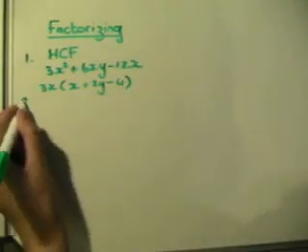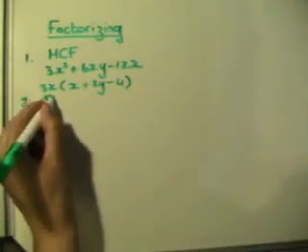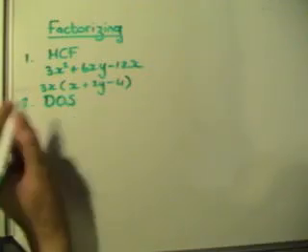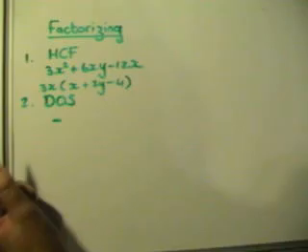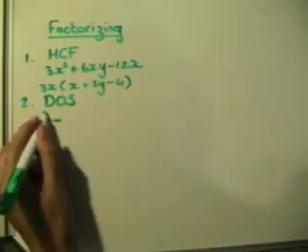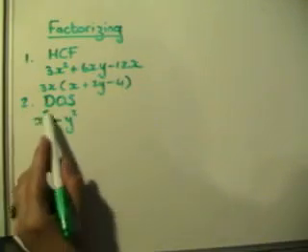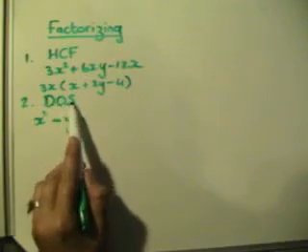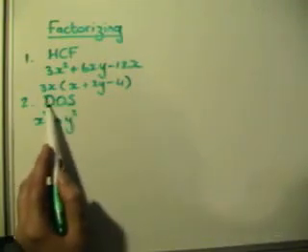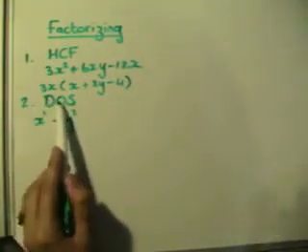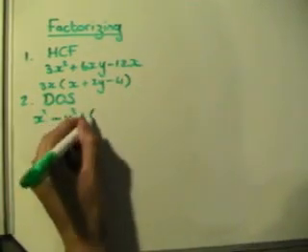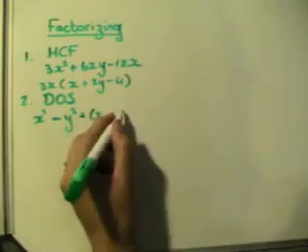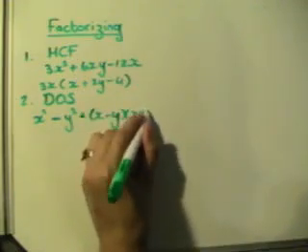The second type of factorizing is difference of squares, which is a basic rule that you need to know. If I have the difference between two squared numbers, it's literally what it says, then this factorizes into x minus y, x plus y.